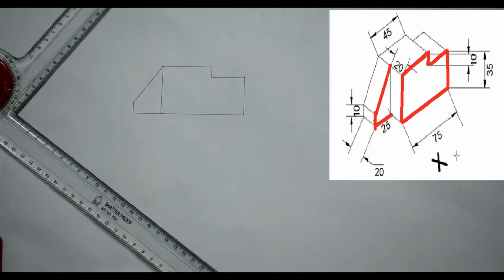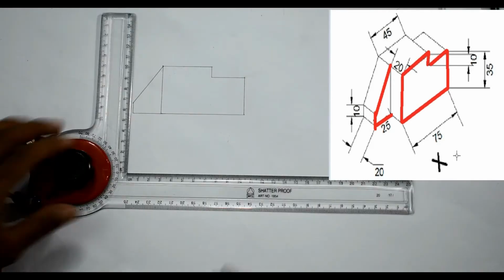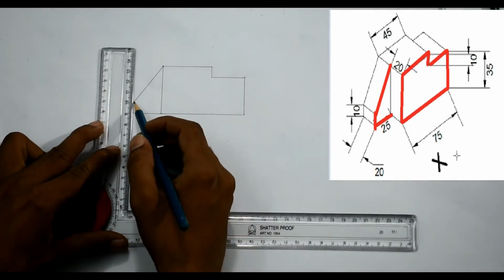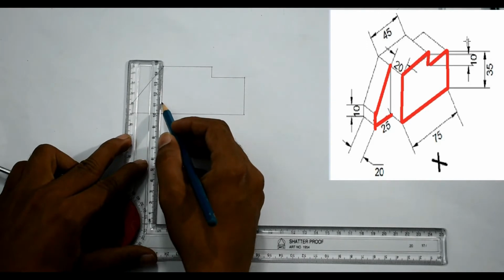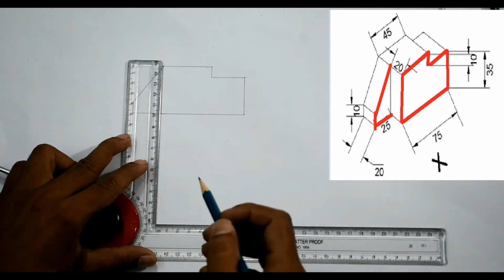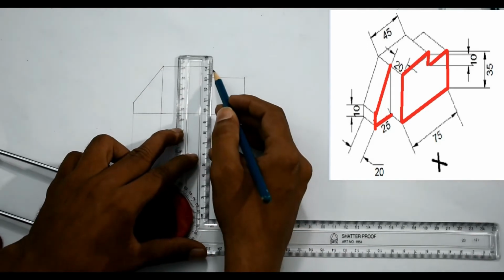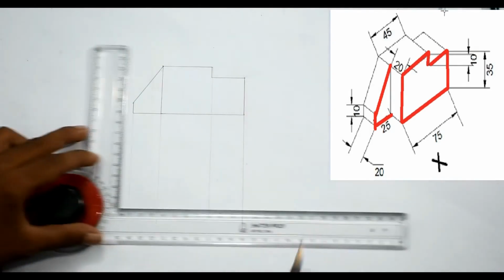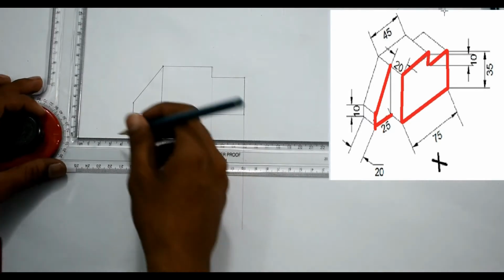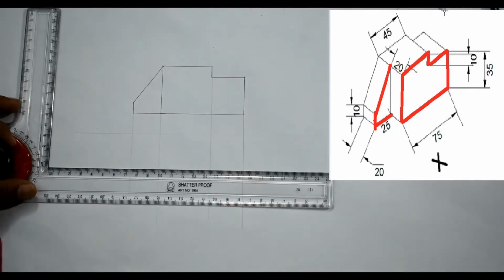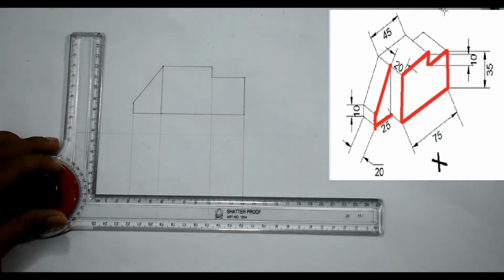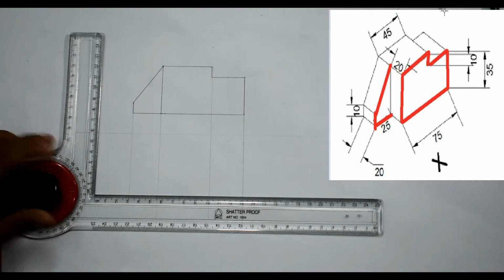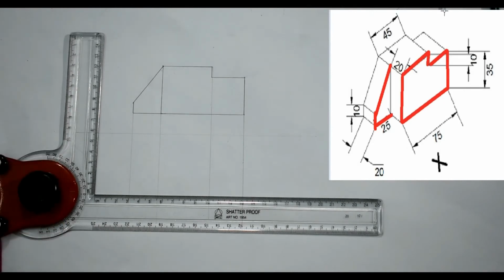Now we will see the top view of this shape. For that I will first project the lines. So here I have drawn the projection lines, and also I have drawn the XY line. As I have mentioned earlier, these two rectangles on the top and this slant face will also appear as a rectangular shape.